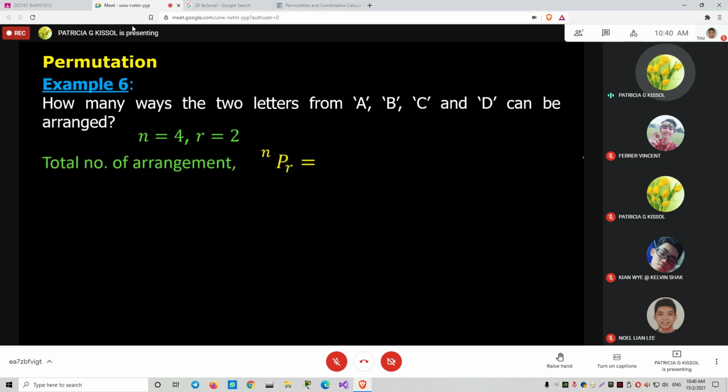The total number of arrangements is 4 permute 2. Using the formula, it is 4 factorial divided by 4 minus 2 factorial. If you want to use the calculator, you can straight away calculate 4 permute 2, and this will give you 12 ways.